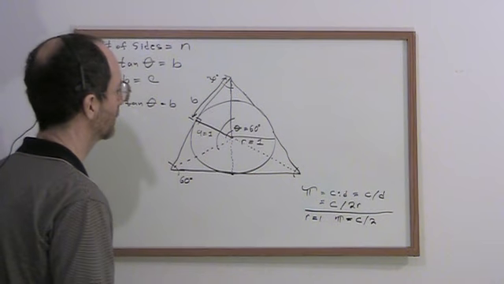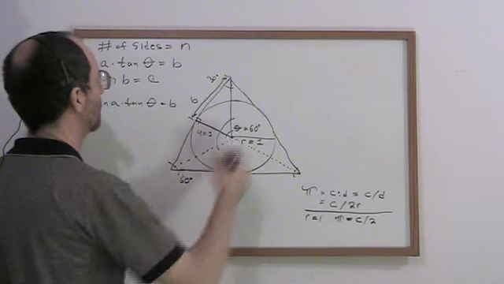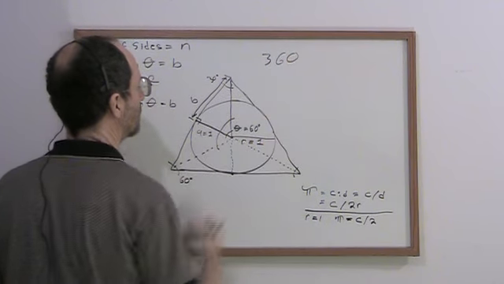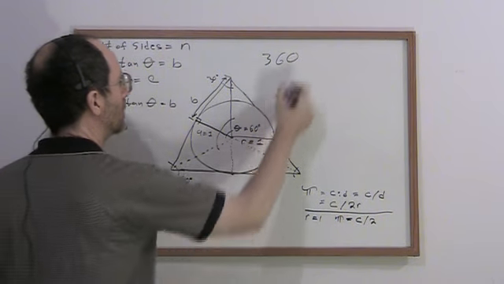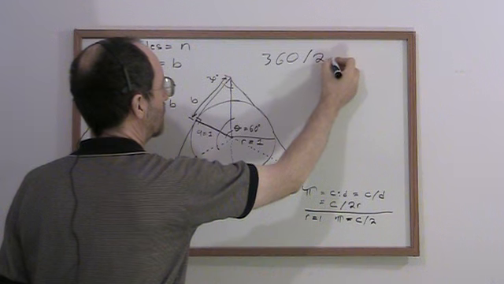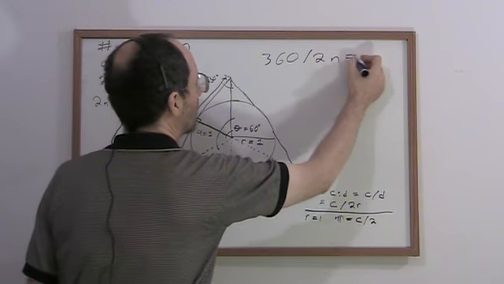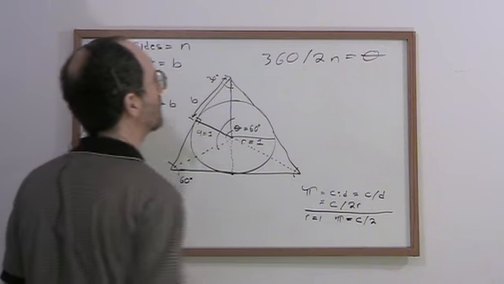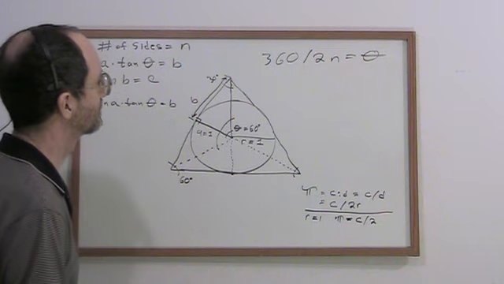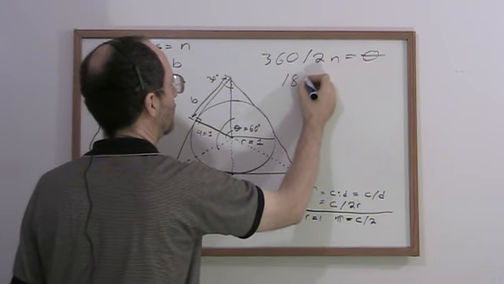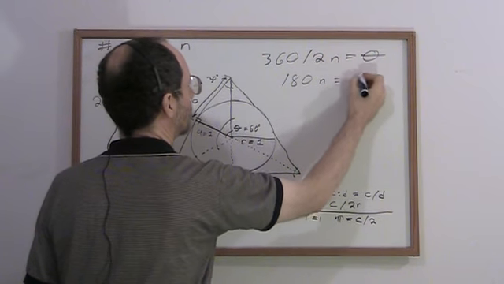We want 1/2 of that. So we want 360 divided by 2n equals theta. This can be simplified into 180 over n equals theta.